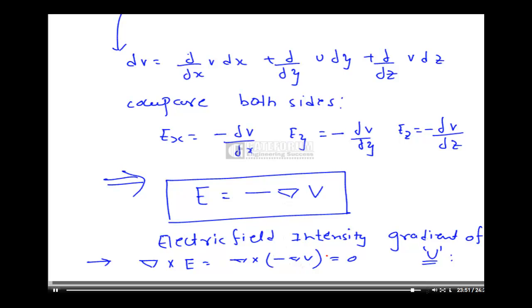That is, the curl of the gradient of a scalar is 0. This is one of the important relations, which is E is equal to minus del V.